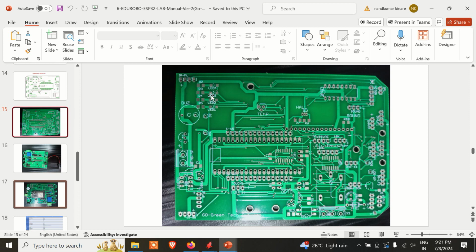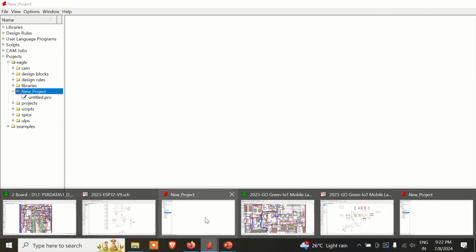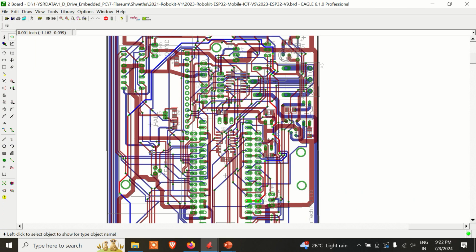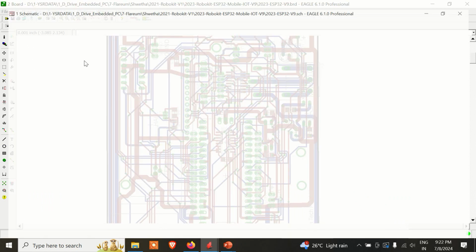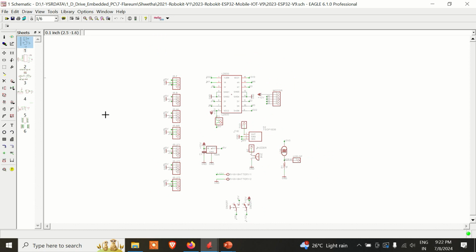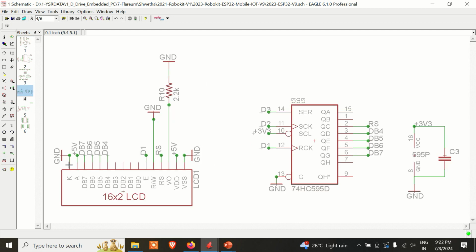Alright, so first, as I said, let's verify at least whether there is any short circuit or open circuit in the power supply lines. How would you check this? If you look at your PCB layout, let's say in the circuit diagram, you must be having a supply. The easiest example is the LCD.